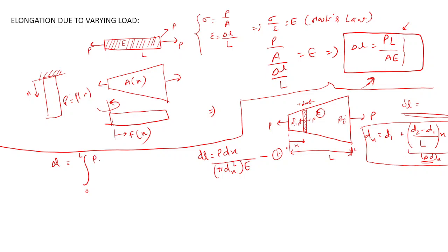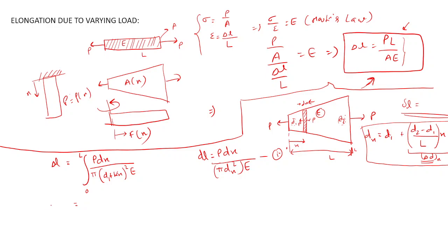So it would be P dx by pi, d1 plus kx, whole square, E. Correct? Now we will simply integrate it and put the limits.